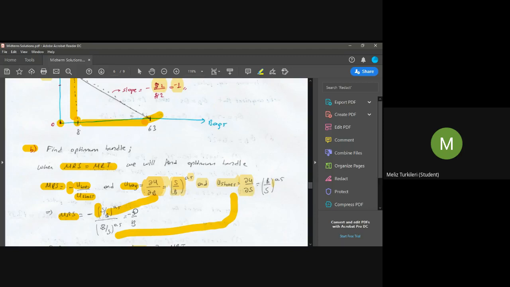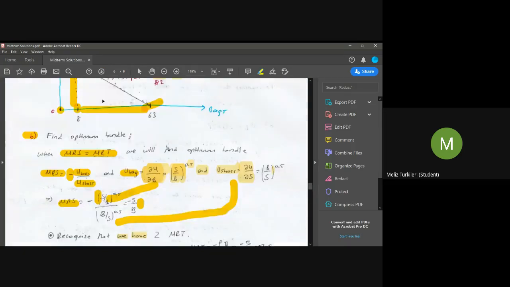When I divide them by each other, I find that the marginal rate of substitution equals negative S divided by B. I just used the definition of the marginal rate of substitution.